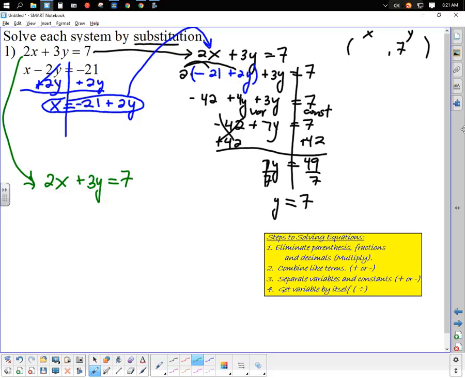Now what I'm going to do is take this answer, and wherever I see a y, I'm going to substitute 7 in there. So in here I'm going to put in 7. So the problem becomes the following.